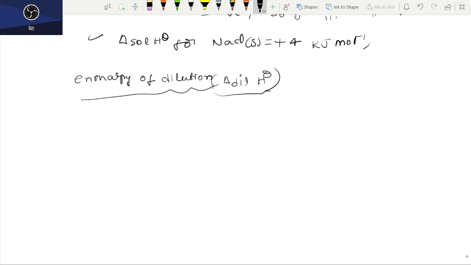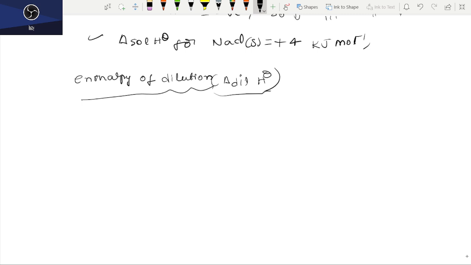Example for enthalpy of dilution: HCl is there in the gaseous state plus 10 water molecules, already we have seen that, right?